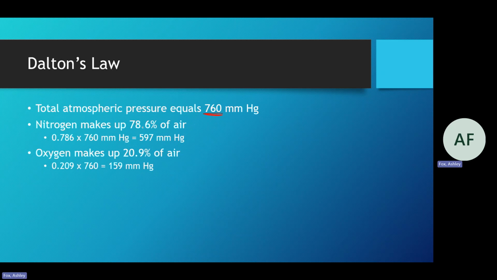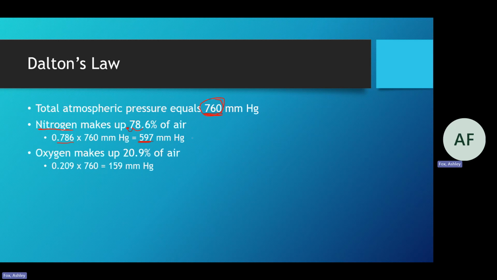If we turn this into a decimal, moving the decimal point over 2 places, it's 0.786, and we multiply it by the total. The fraction of what nitrogen is adding to that total is 597 millimeters of mercury.